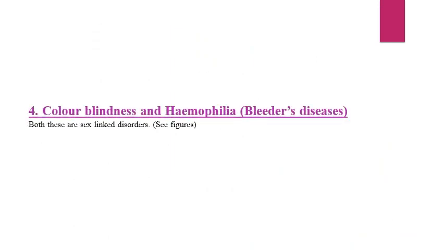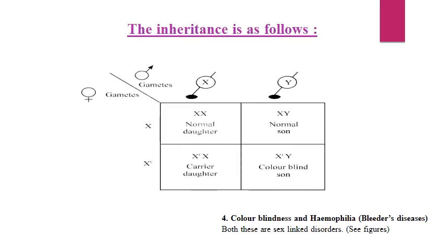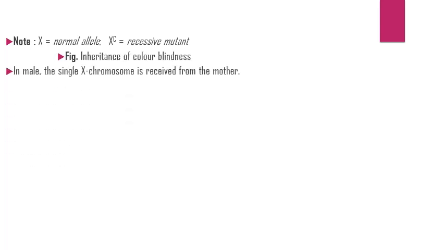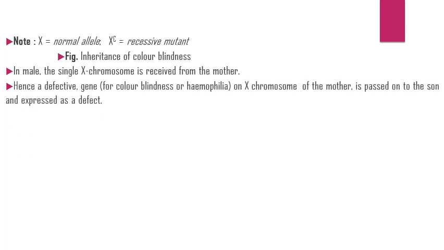Color blindness and hemophilia. Both of these are sex-linked disorders. The inheritance is as follows. You can see this in this figure. X is the normal allele and Xc is the recessive mutant. In color blindness in a male, the single X chromosome is received from the mother.